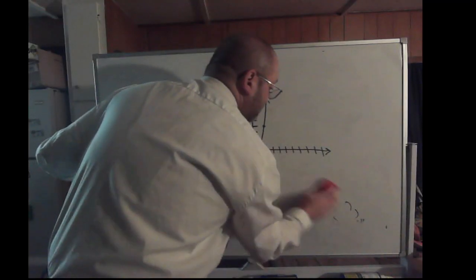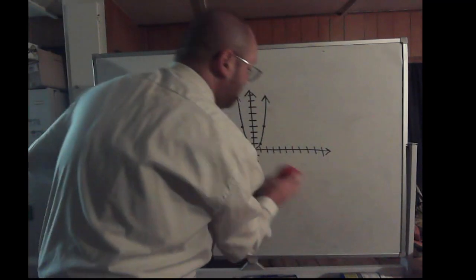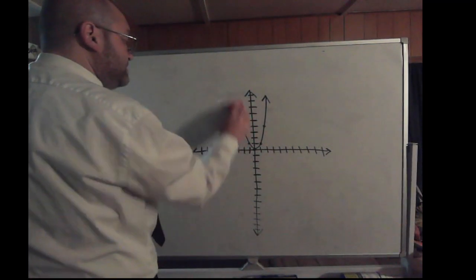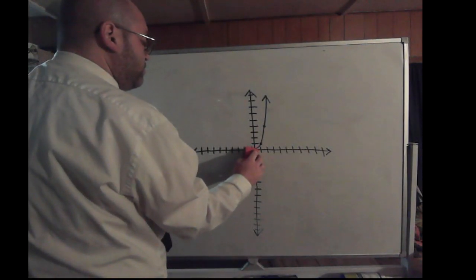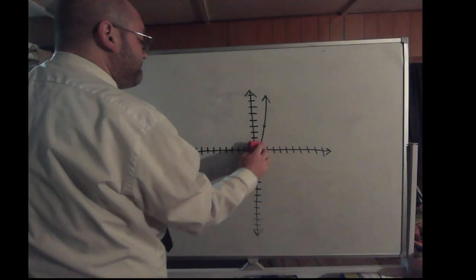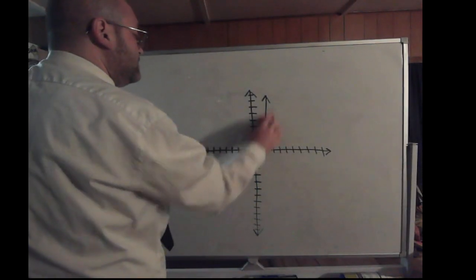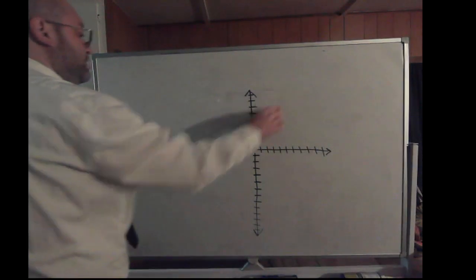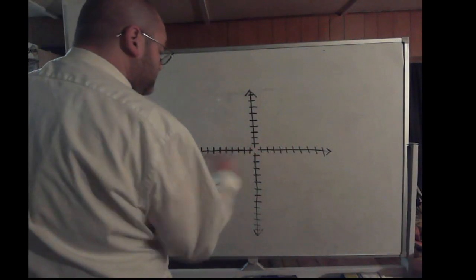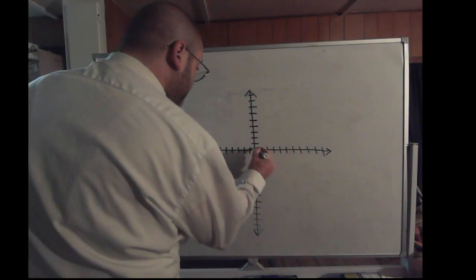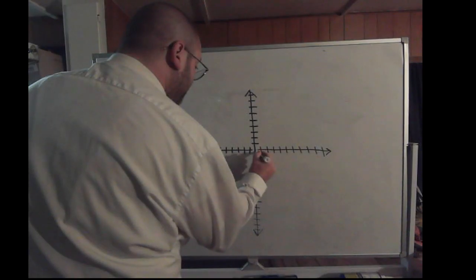And this is a little preview of Algebra 2, where we'll get into other types of functions. But quadratic functions do come up in Algebra 2 quite a bit. So that's just some good practice for when we reach that point.